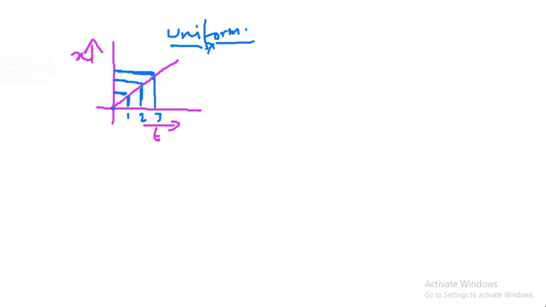And now let us go to the second graph. This is another graph they have given like this. So this is x position and this is the time axis. This is 0.